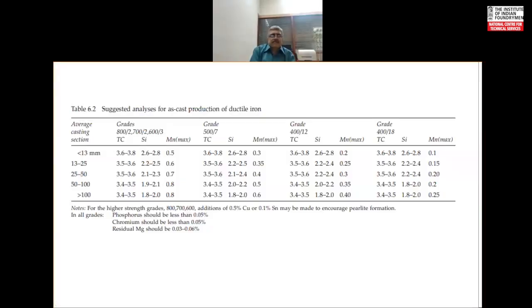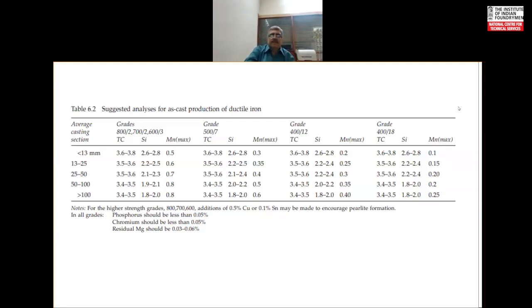See, the major difference, as you would see, is in the amount of manganese that you are using, because that is a strong pearlite stabilizer. And to an extent, some amount of silicon, but otherwise not much difference in that area.